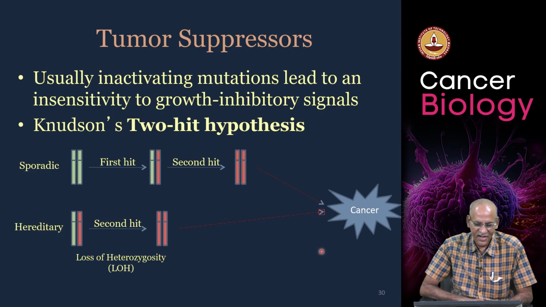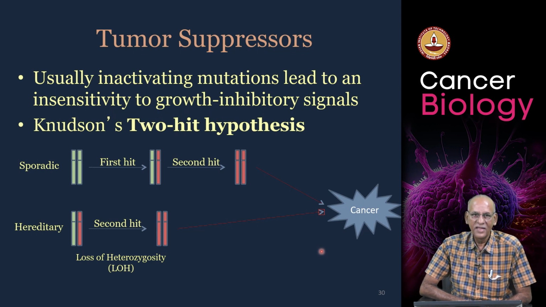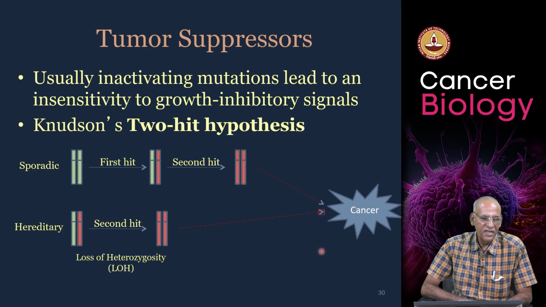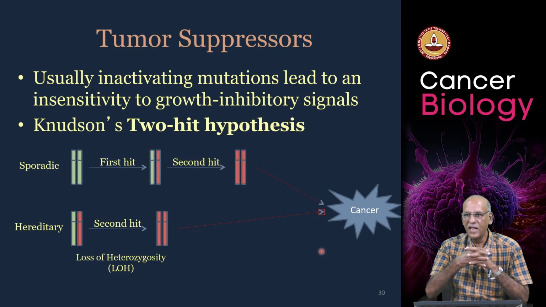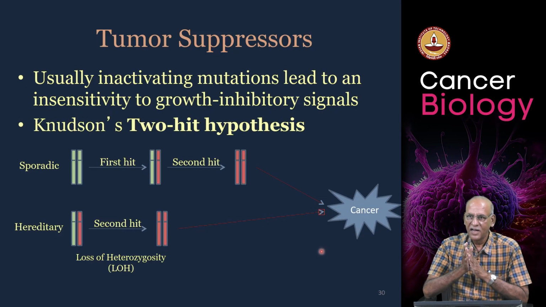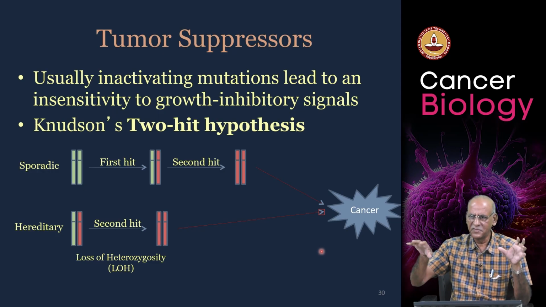Alfred Knudson's two-hit hypothesis. He is not a cancer person actually, not a cancer biologist or anything. He was a statistics person. He was working at MD Anderson Cancer Center, Houston, where his job was probably in the medical records section, looking at the statistics of the various patients.